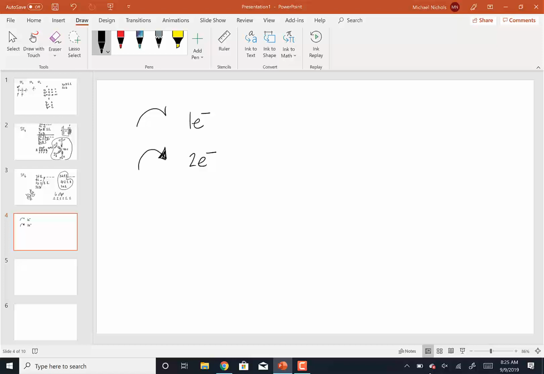The fish hook arrow we will deal with towards the end of the semester, because we deal with this when we have radicals. A radical being a carbon with an unpaired electron. This is a radical.